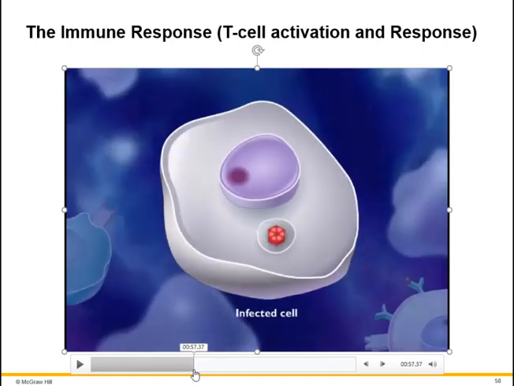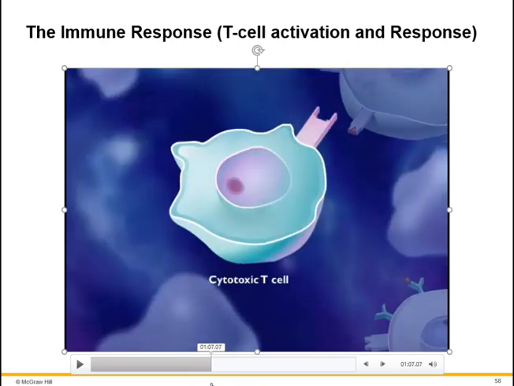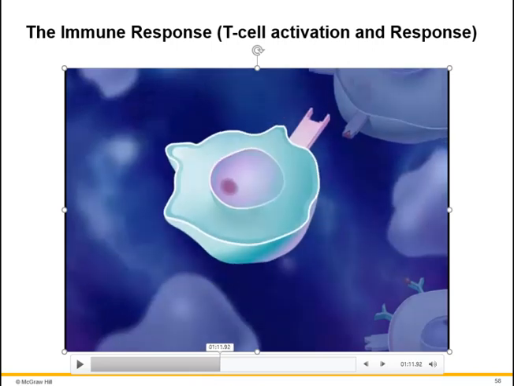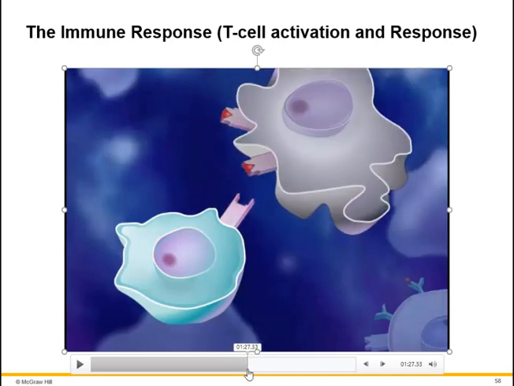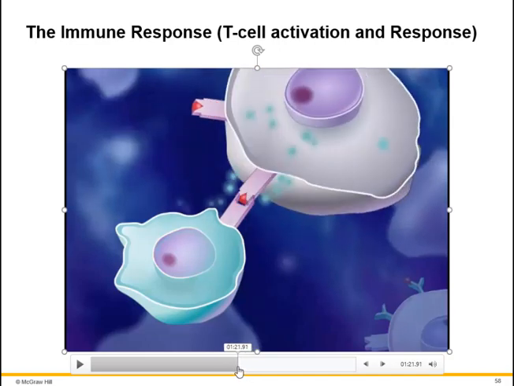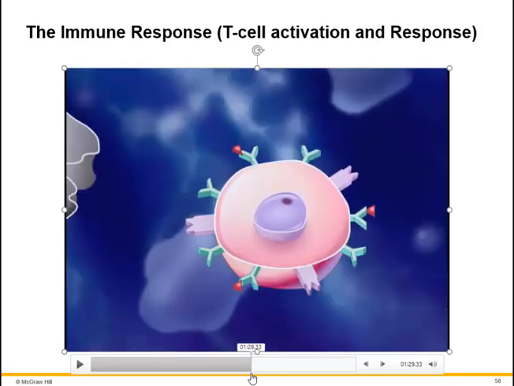And then sometimes you have an infected cell, like a virus is in the cell, and then you have CD8 cells, which will react, the cytotoxic T cell with an MHC1 on this phagocytic cell or infected cell. And so that is going to activate, and they poke them full of perforins and granzymes, and it causes them to lyse, basically.